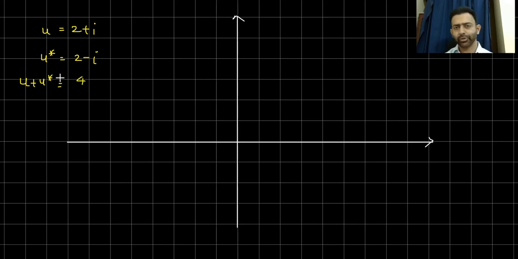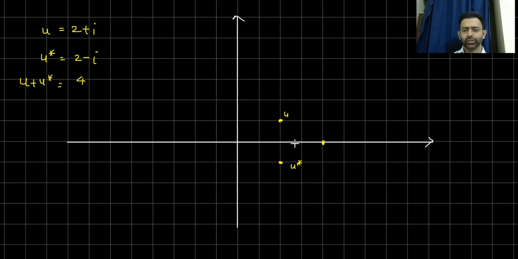So we have 3 points. One is 2 plus i, so this is 2 plus 1i, so this is your u, right? Then we have 2 minus i, which will be u conjugate, just a reflection in the real axis, and u plus u conjugate is just 4, so here we have 4, right?